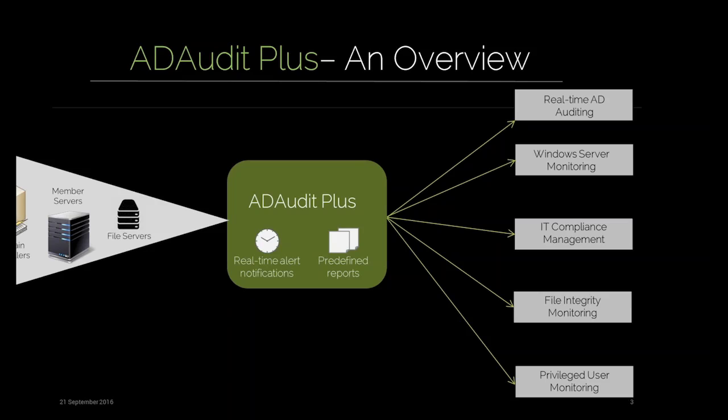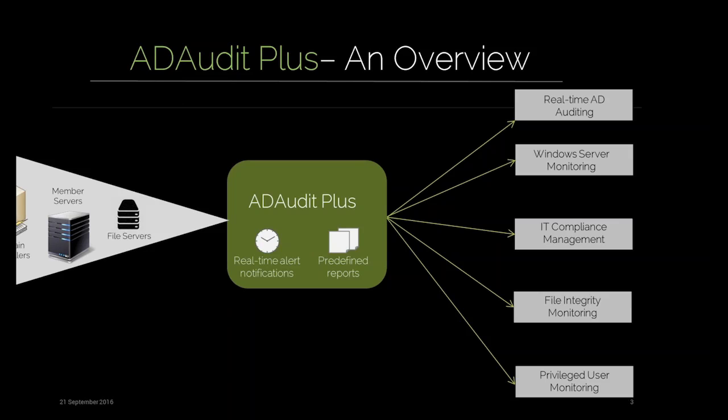Coming to the architecture, how the tool is going to get the data. There are three reports available in ADAudit Plus. Number one, Active Directory reports. Any changes that happen on the Active Directory, ADAudit Plus would get that as a report.